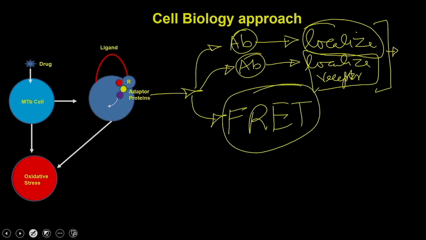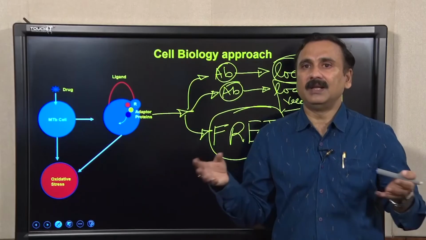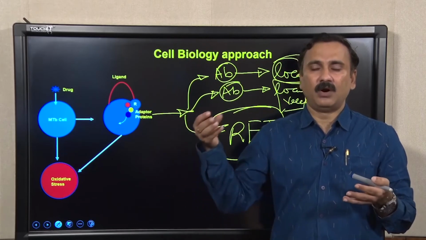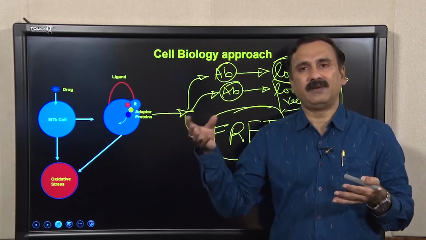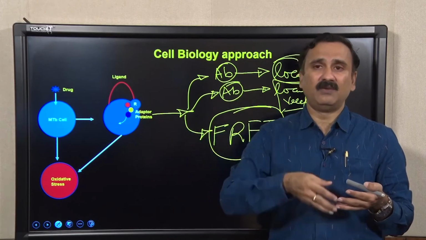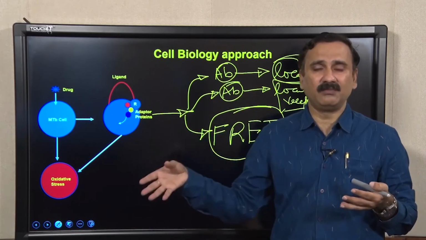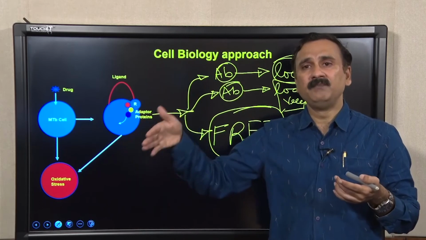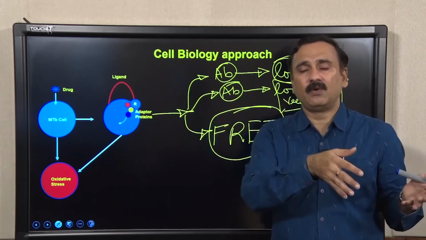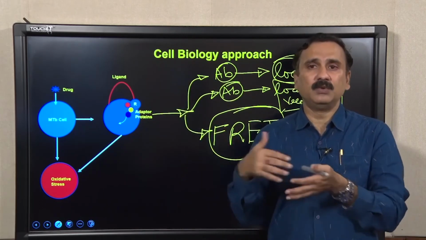The FRET experiment is going to tell you the interaction between the different proteins present within the cell, and that information is going to be more authentic and accurate compared to when you break open the cells and purify the proteins or factors with affinity chromatography related techniques, because that gives even non-specifically bound proteins the opportunity to interact.